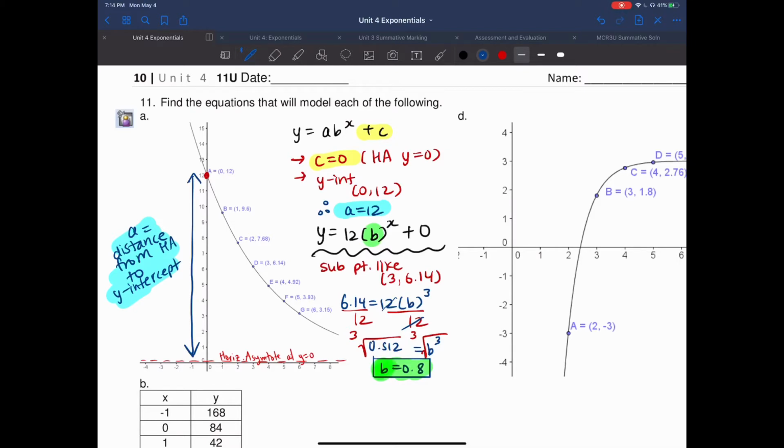Since I have my a value, I just found my b value, and I had my c value from the beginning, I can conclude that y is equal to 12(0.8)^x. The plus 0 doesn't really have to be there, and that is my equation.